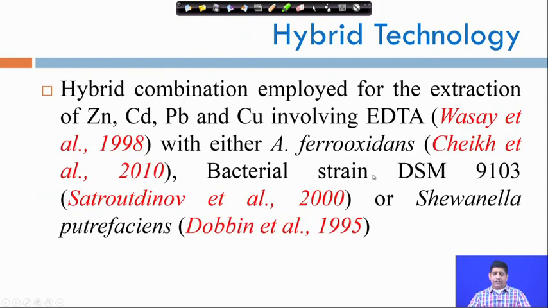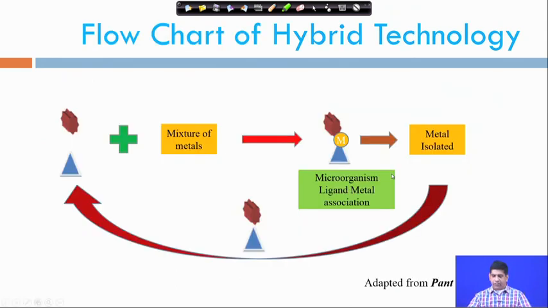So, hybrid technology for extraction of lead, tin, copper involving EDTA, using ferrooxidants, bacterial strain of DSM. So, all these, as you can see, several papers have looked into this type of hybrid technology. Not that much popular in industry right now, but things have been used from there.